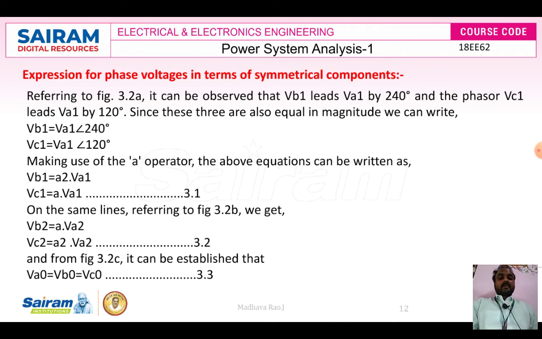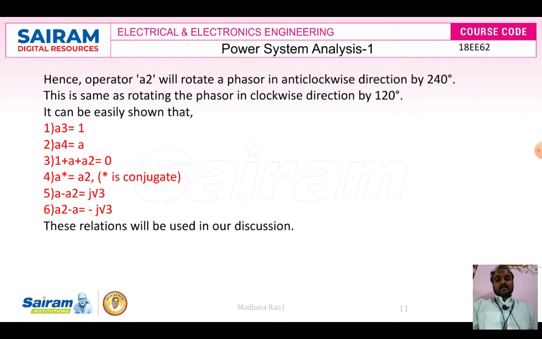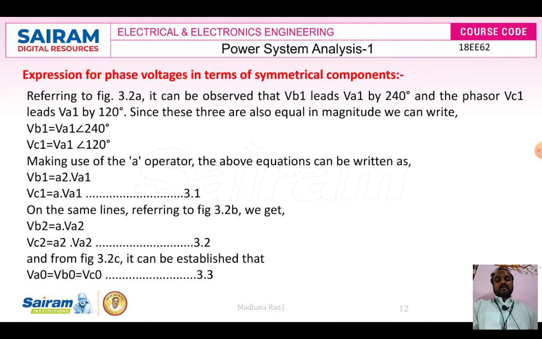So make use of the a operator. Previously we have seen the a operators: a cube, a square, a to the power 4, 1 plus a square, a conjugate, a minus a square equal to j root 3, and a square minus a equal to minus j root 3. We will use these operators here.